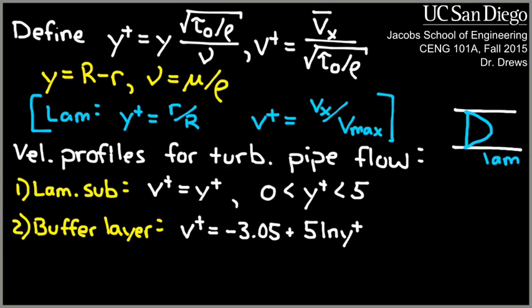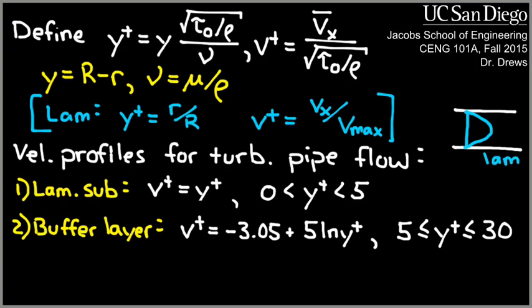So remember, importantly, we see that natural log dependence on Y plus that we got from the law of the wall. The other two coefficients were experimentally determined variables. This regime is valid for when Y plus is between 5 and 30.